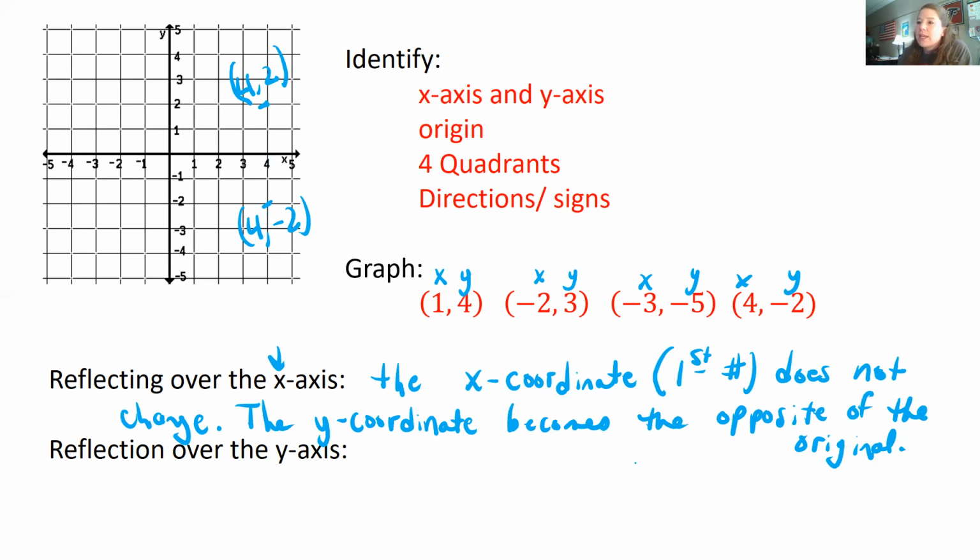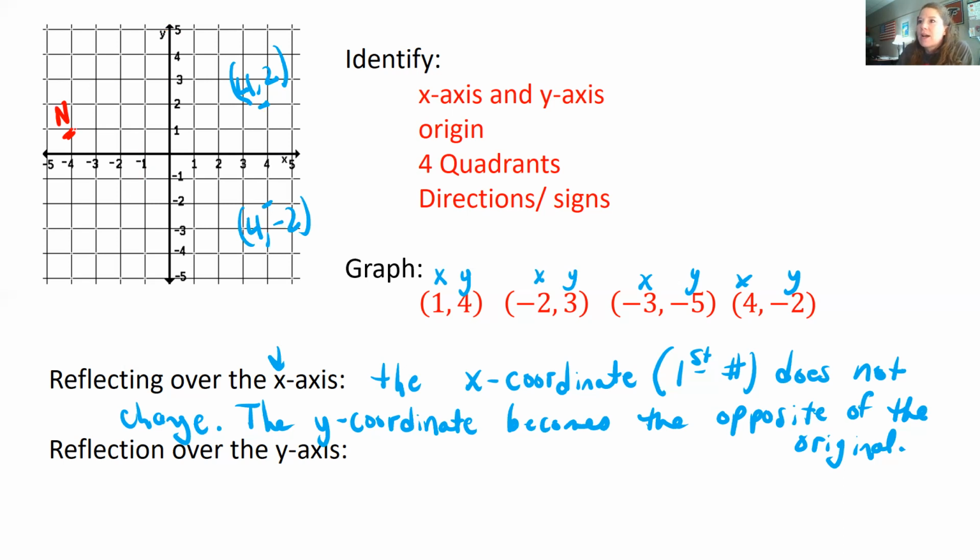All right, so what do you think happens when we reflect over the y-axis? Let's go right here. We'll call this point N. What if we reflect this over the y-axis? Well, first of all, this is the y-axis. So you always head toward your line of reflection.